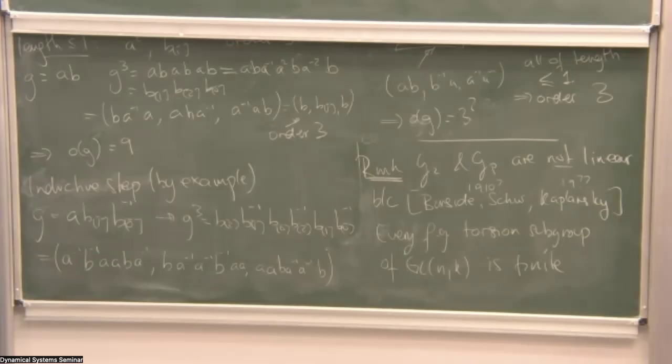Of course, G2 is amenable, but that's because of sub-exponential growth.